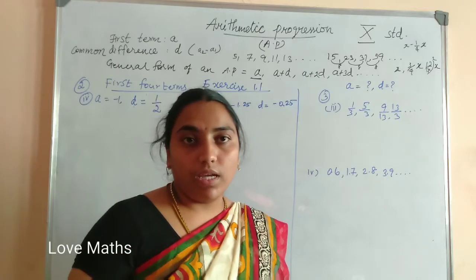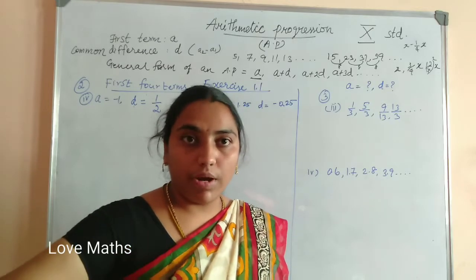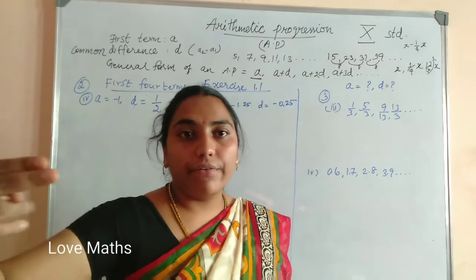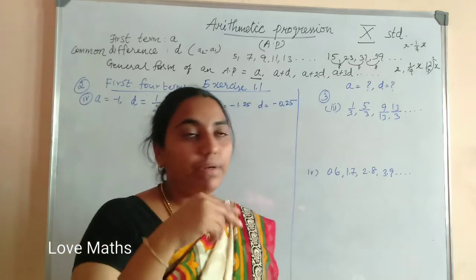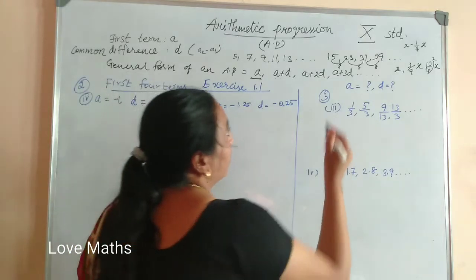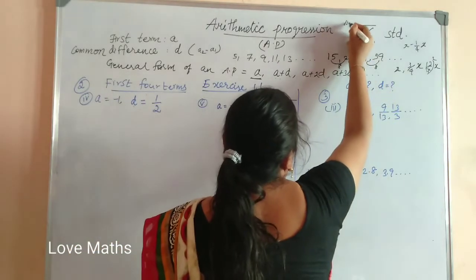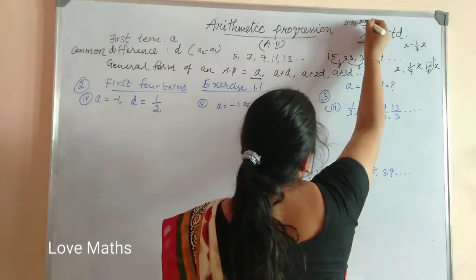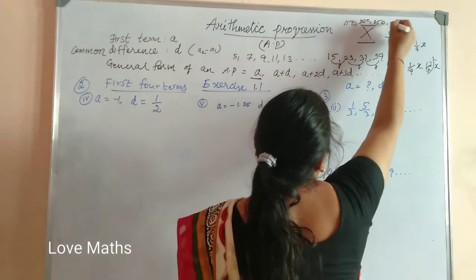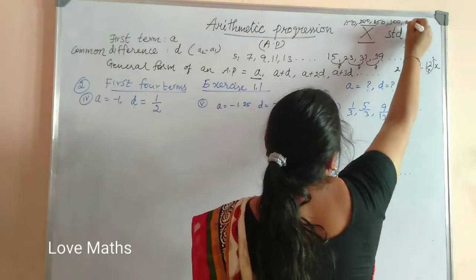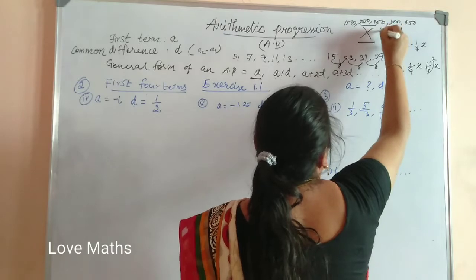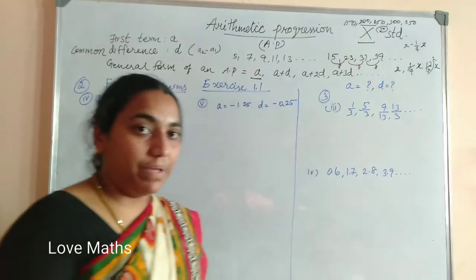So 150 plus 50 will be 200, 250, 300, 350. All the common differences are 50 only. So it is an AP.